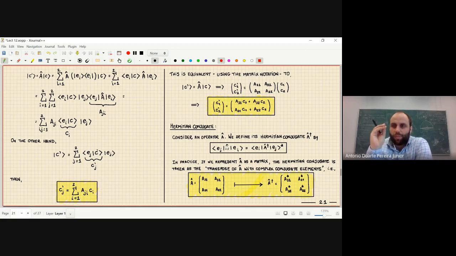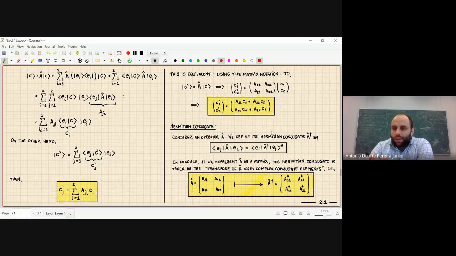We are going to see a more practical one. But in the abstract way, the Hermitian conjugate operator is the operator that you have to insert here in order to get the same number as you got here. You have to be careful, because there is also the exchange of the order of the vectors. So this number will be equal to this number with the complex conjugate if you insert the A dagger here.